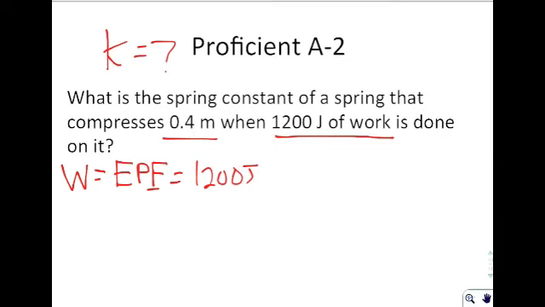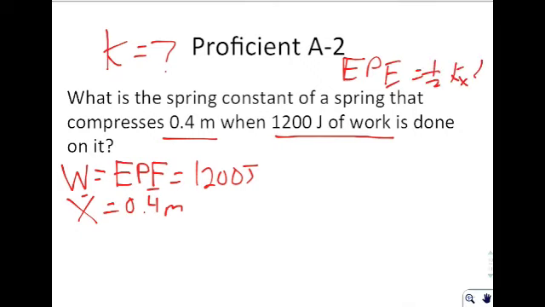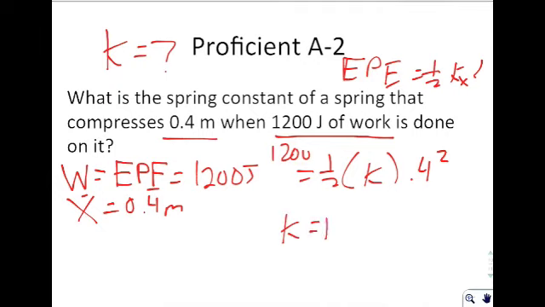You also have a displacement of 0.4 meters. You can use the equation EPE is equal to 1/2 kx squared. You can plug in your numbers as 1/2 k times 0.4 squared is equal to 1200. Whenever you multiply this out, you end up with a k value of about 15,000 newtons per meter.